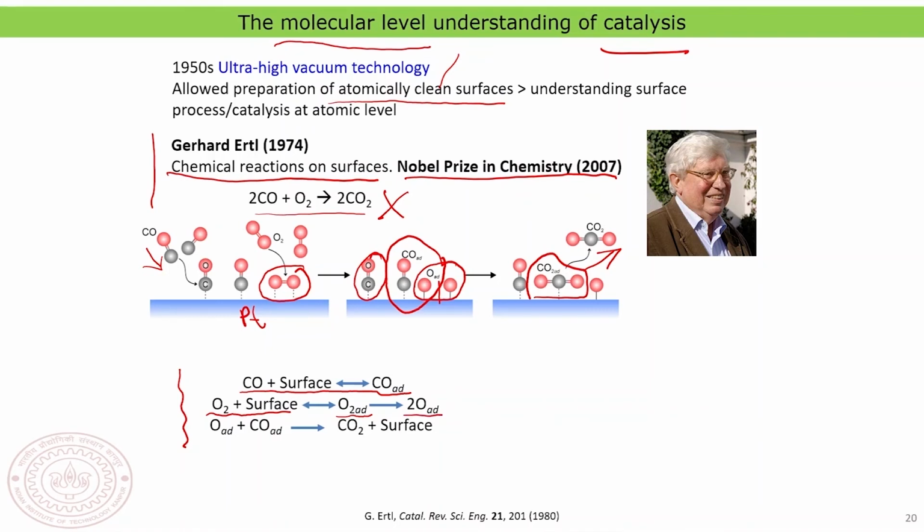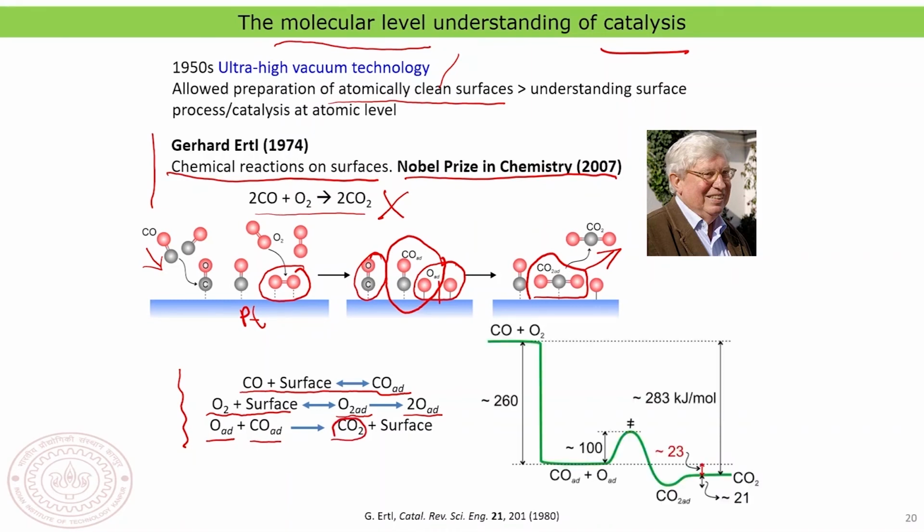Finally, the reactive adsorbed oxygen and the reactive adsorbed CO form the carbon dioxide molecule and leave the surface intact. Now, also using more modern spectroscopic techniques and an adsorption energetics analysis technique, which is known as the desorption analysis technique, which we will also cover in our lecture.